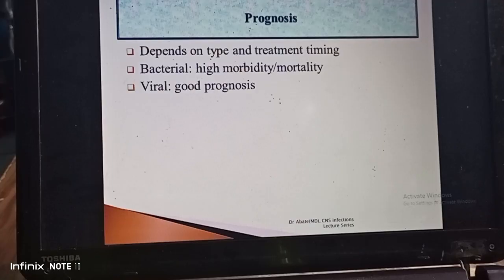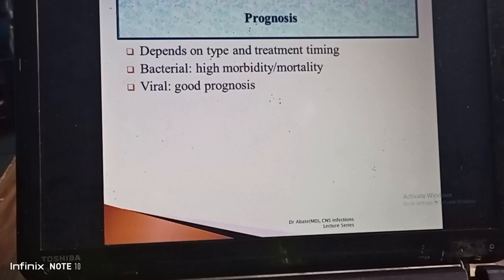When you see the prognosis, the prognosis depends on different conditions. The type, which means the etiology, matters. For example, with Streptococcus pneumoniae and Listeria monocytogenes, the prognosis is very poor. Strep pneumoniae is a poor prognostic sign in terms of etiologic classification. The treatment timing also matters.